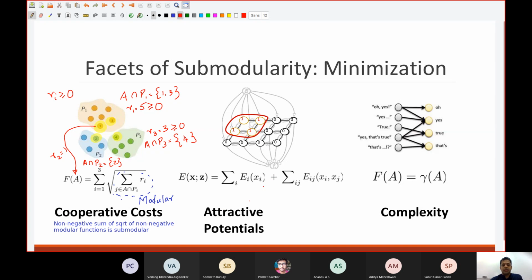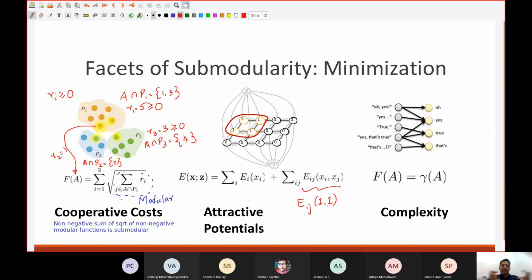Obviously. Second example is attractive potentials. I'll look at the examples in the next slides, but why they are submodular or under what conditions they are submodular. So attractive potentials, the word here basically means that you have the energy associated with Eij with 1 and 1 should be greater in some sense.